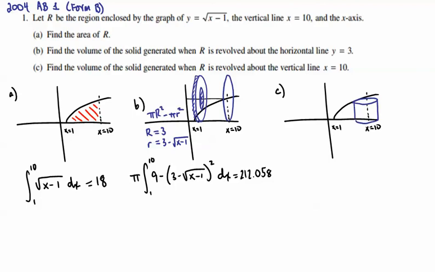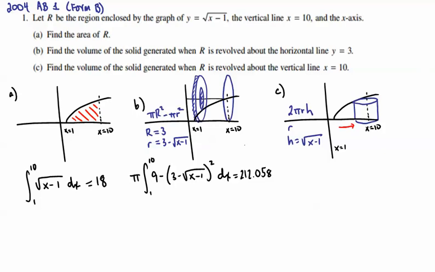And for the cylindrical shells, we know the area is 2 pi r h, and in this case the height will be the height of the function, which is square root of x minus 1, and the radius, instead of being x this time, is going to be a little bit different.